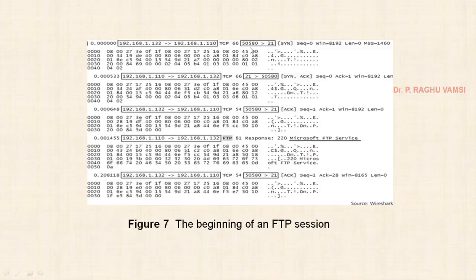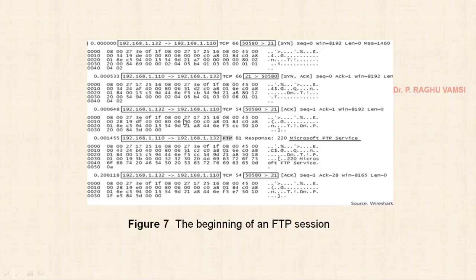A SYN signal has been sent. From 110 to 132, from port 21 to 50580, a SYN ACK has been sent. Now from 132 to 110 an acknowledgement has been received, which means the connection is established.